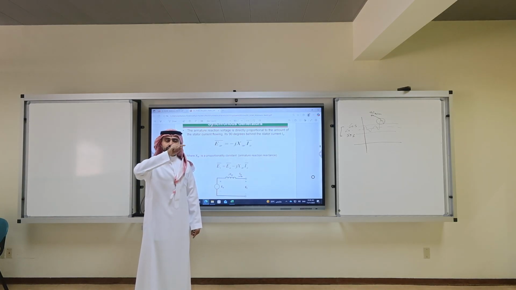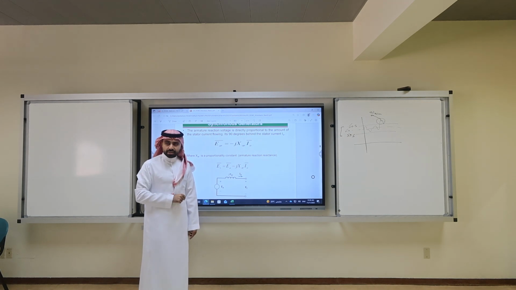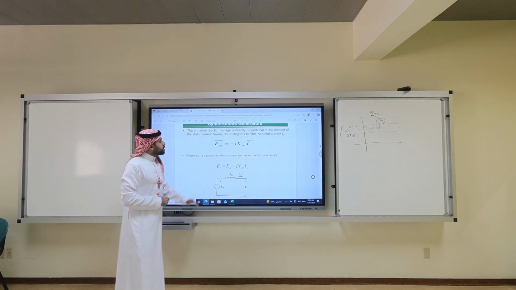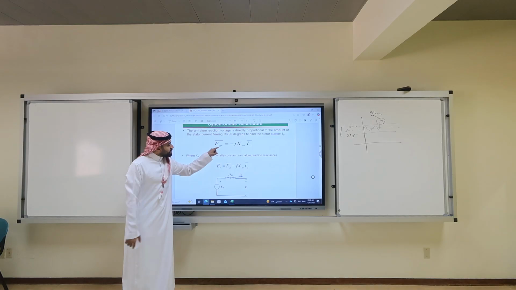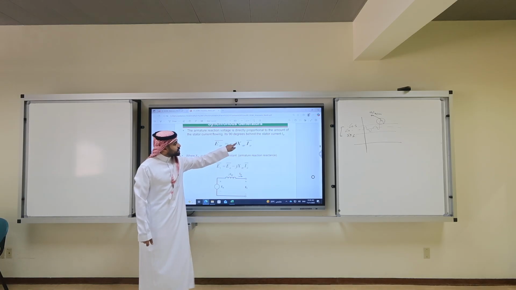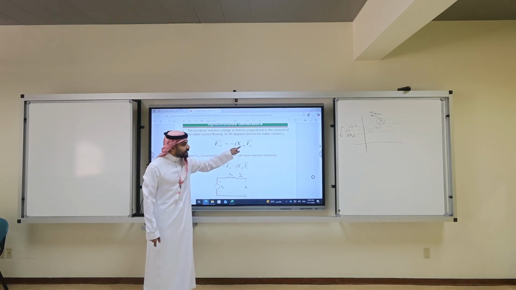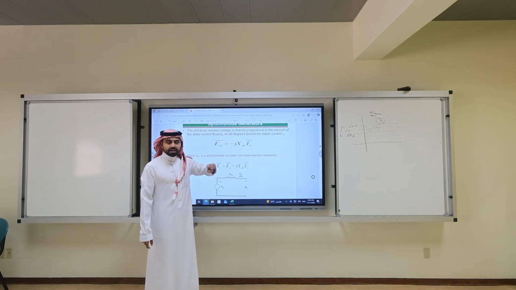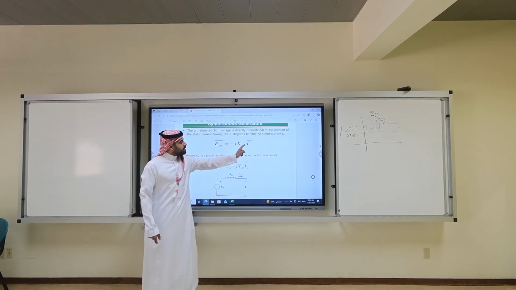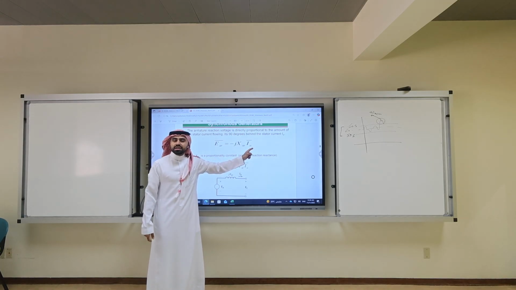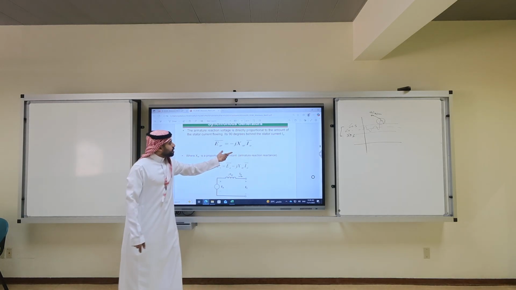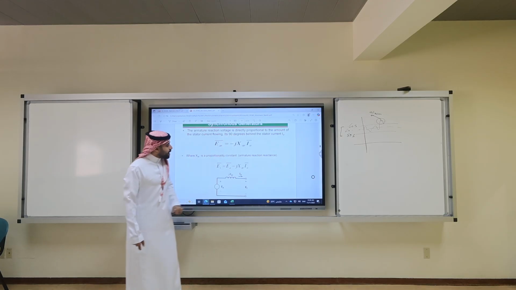If you type J, shift to 90 degrees. So for the armature reaction, the voltage is minus J times XAR, the armature reaction reactance, times IA, which is the armature current that is 90 degrees away.